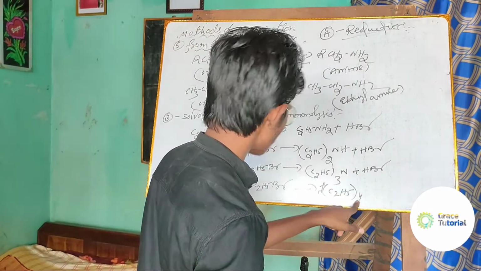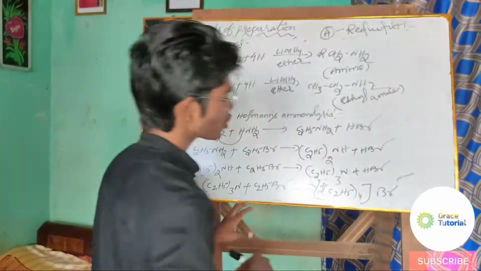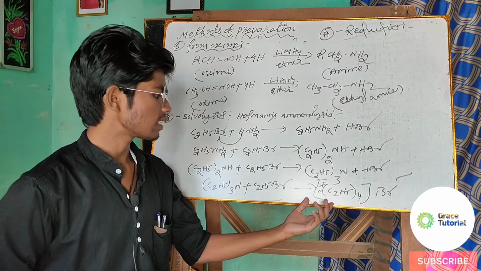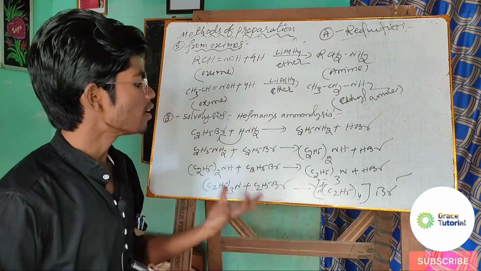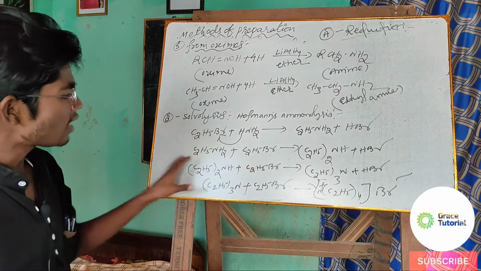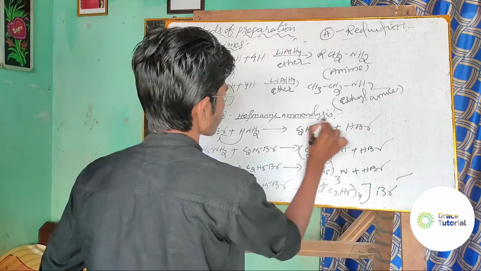N plus (C2H5)4, and at last bromine. This is the tetraethylammonium bromide that is obtained. Well, this entire reaction is called Hofmann's ammonolysis.